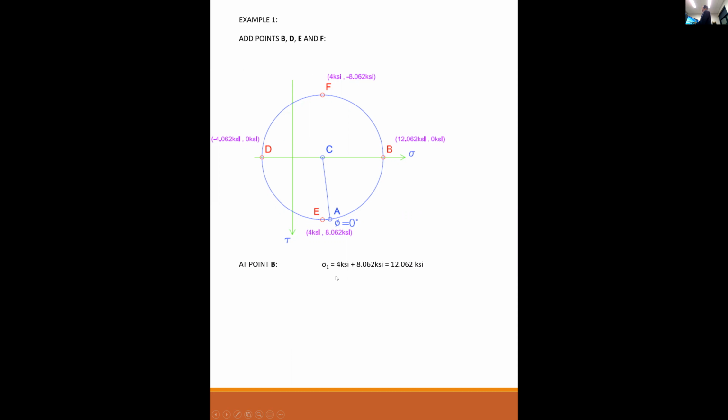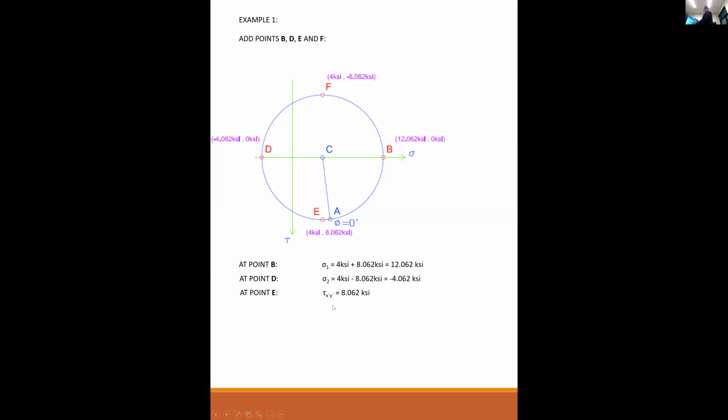I basically just said this, but here's how it's written out. Sigma 1 is equal to 4 plus 8.062. Sigma 1, remember, is the principal stress. So this is the maximum normal stress, 12.062. Point D is sigma 2. Sigma 2 is the minimum principal stress, and as you can see, that's the furthest extent to the left of any point on the circle, minus 4.062.